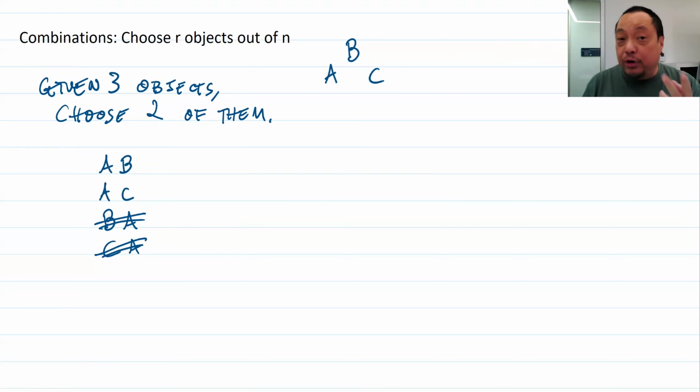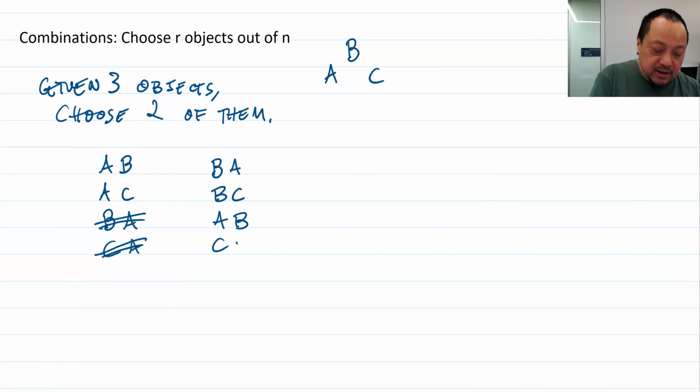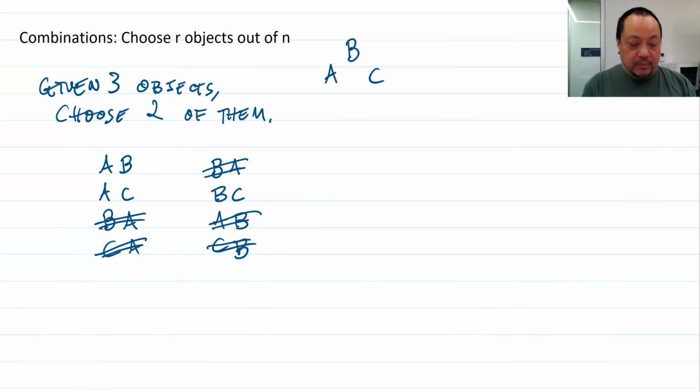Or you could pick 2 objects where B is one of them. You could go BA, BC, AB, CB. But BA is the same as AB, so that doesn't count. And AB is already picked, and CB is the same as BC, so that doesn't count. Or I could pick 2 objects where C is one of them.